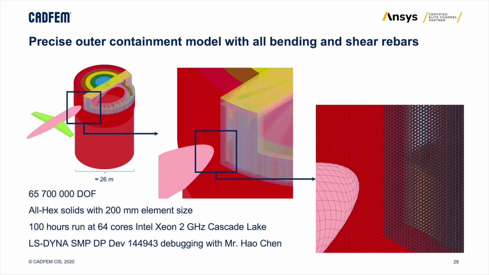Why can we use such a big model? This model is easy to use in different loading scenarios. For example, you do not need to spend additional time on model development if you decide to simulate another impact scenario, for example, into the roof or near the fuel gate.